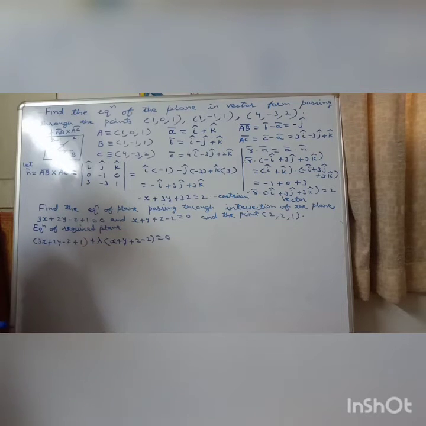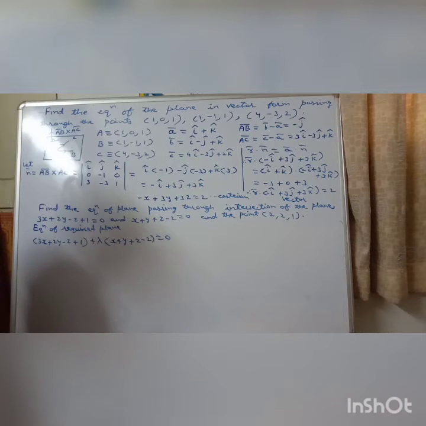Now this equation represents the equation of a plane passing through the intersection of these two planes. And there are infinite planes passing through the intersection. So for every value of lambda, we get one plane.